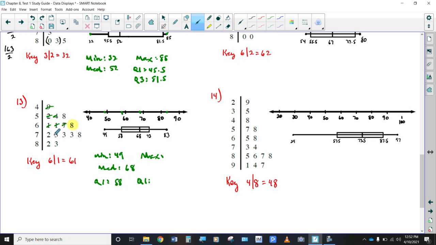And on the upper part, 1, 2, 3, I bet it's going to be that number right there. So 3 from the lower region, 3 from the top. So yeah, 73 is the upper quartile. So once again, plot the maximum and the minimum, find where the quartiles are, box in the interquartile range, and then connect everything with a line, and you've got your box and whisker plot.